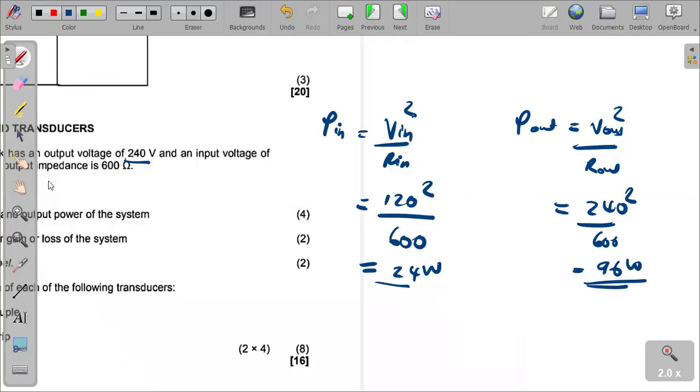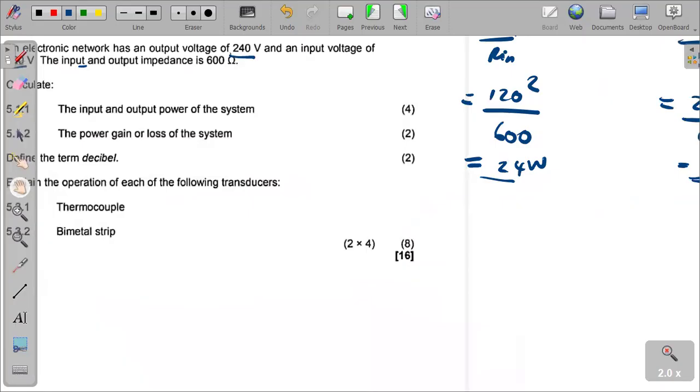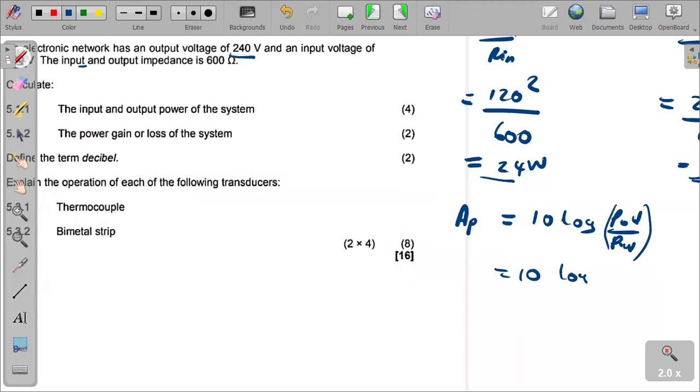Let's go to the power gain or loss of the system. Power gain, A_P, is equal to 10 log P out over P in. That's the formula we use to calculate the power gain. So 10 times log, what is our P out?